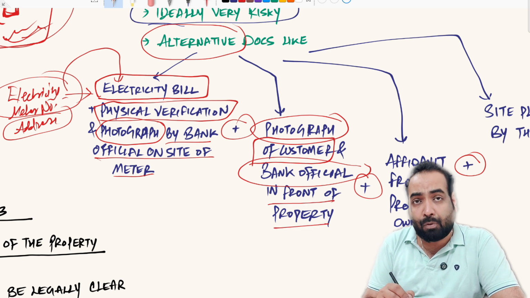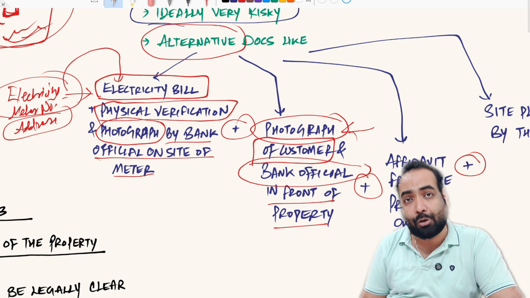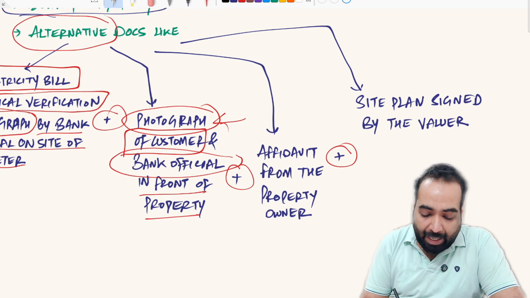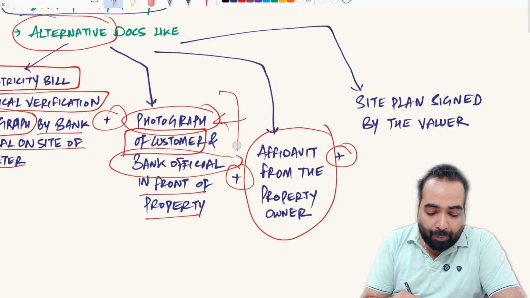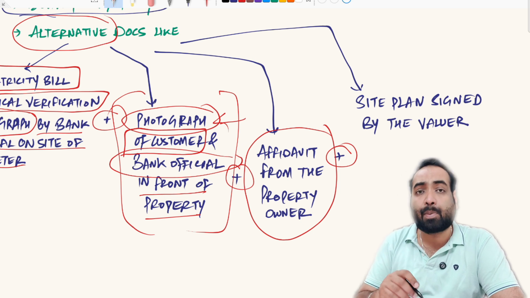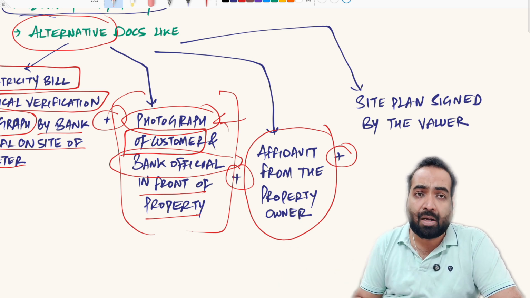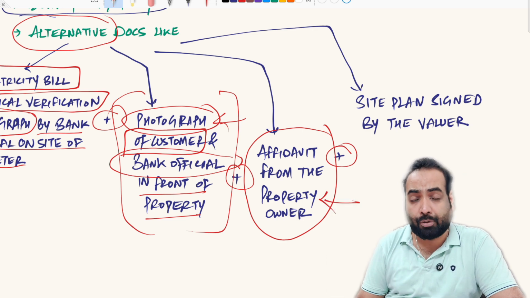This is a kind of proof that the bank can submit in court that the customer has shown the bank employee this property for security. For this the bank takes an affidavit from the property owner stating that the photographs and the details contained in the documents are of the same property which is proposed as security for this loan, so that he cannot deny it later on in court.